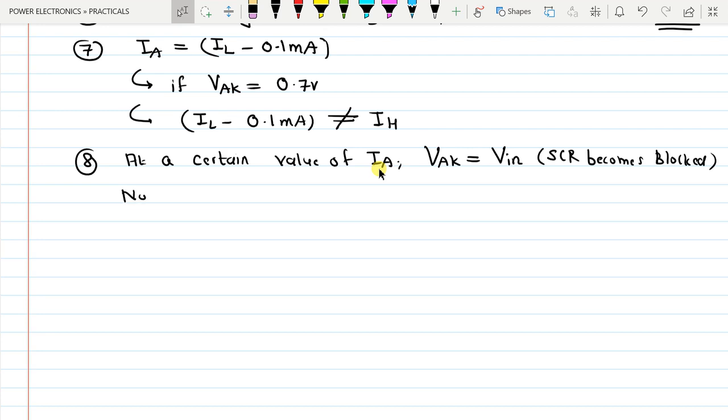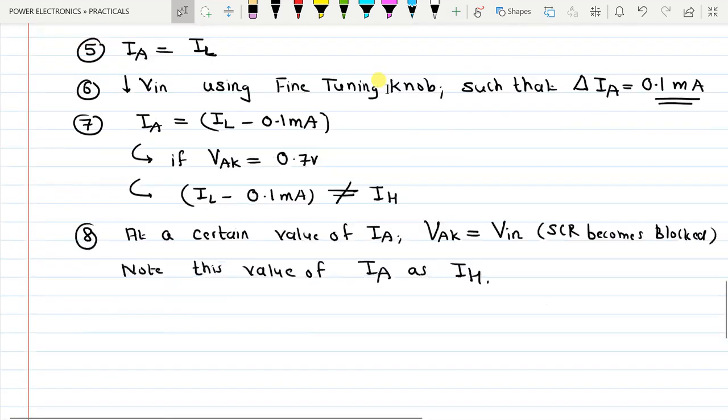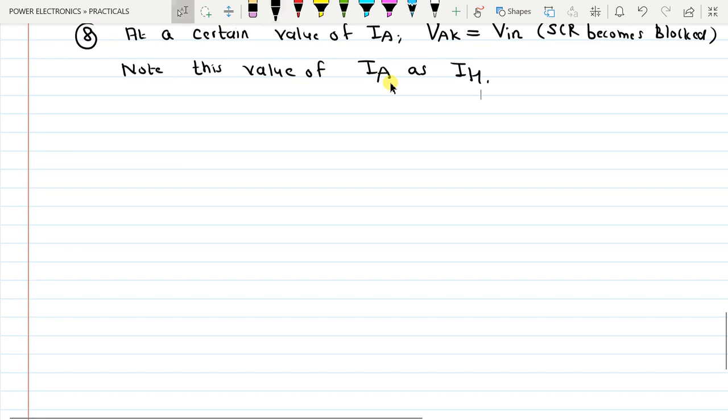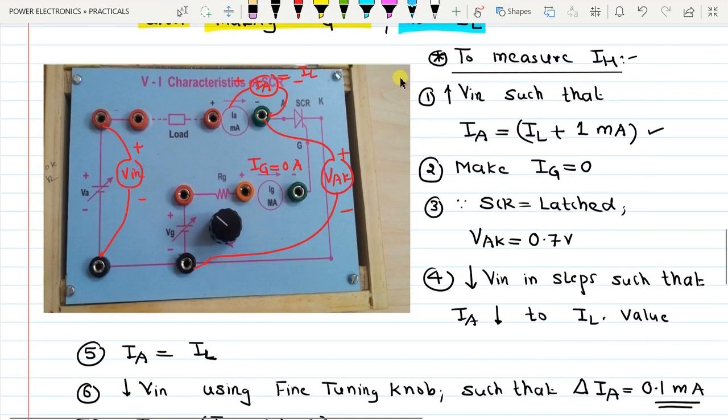So note this value of IA as holding current. Okay, so holding current also found. And the last bit is, right. So here for finding holding current, we have to reduce the value of Vin till VAK becomes equal to Vin.